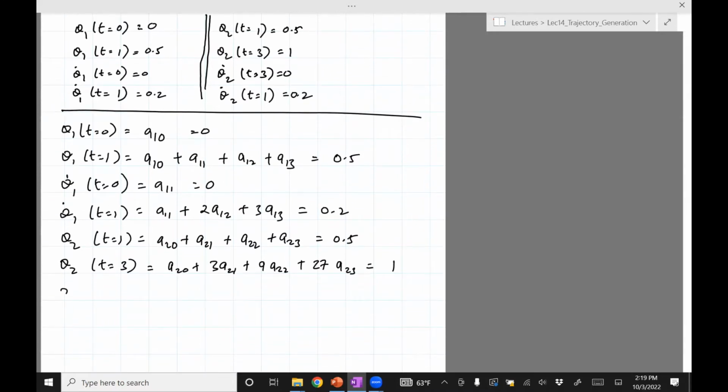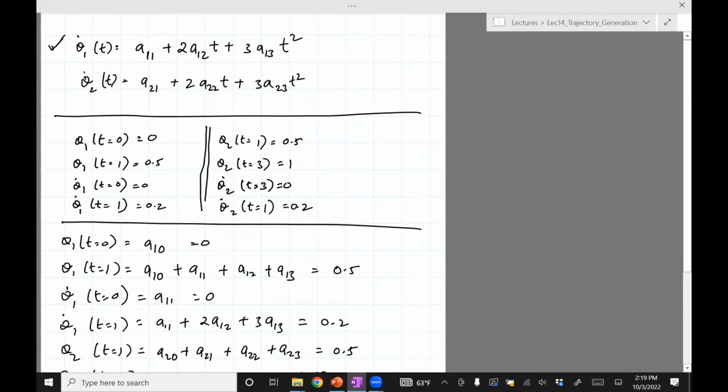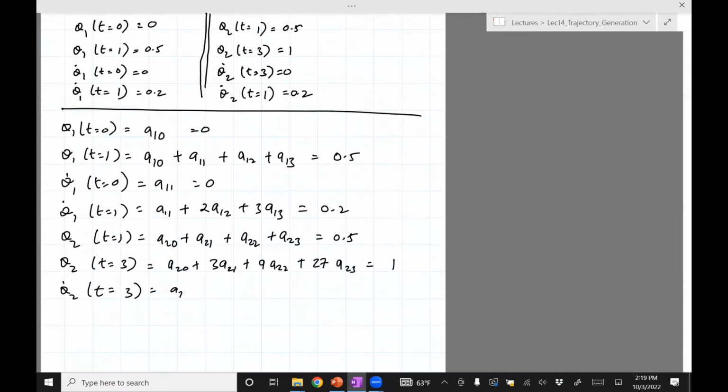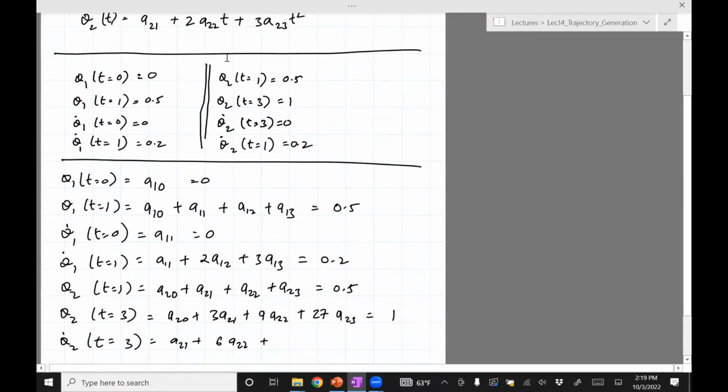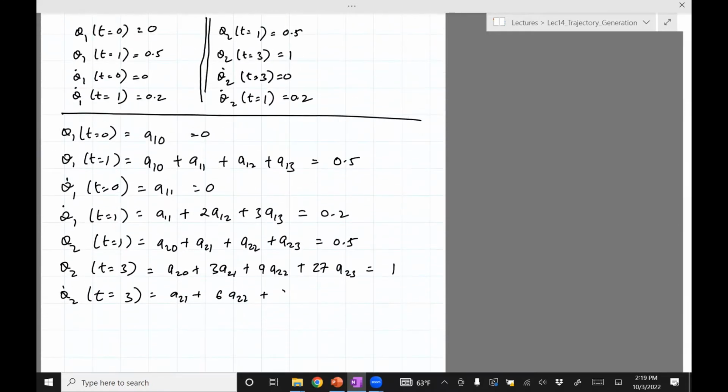Then the derivative, theta 2 dot at t equals 3: I put t equals 3 there, a21 plus 6 a22 plus 27 a23 equals 0.